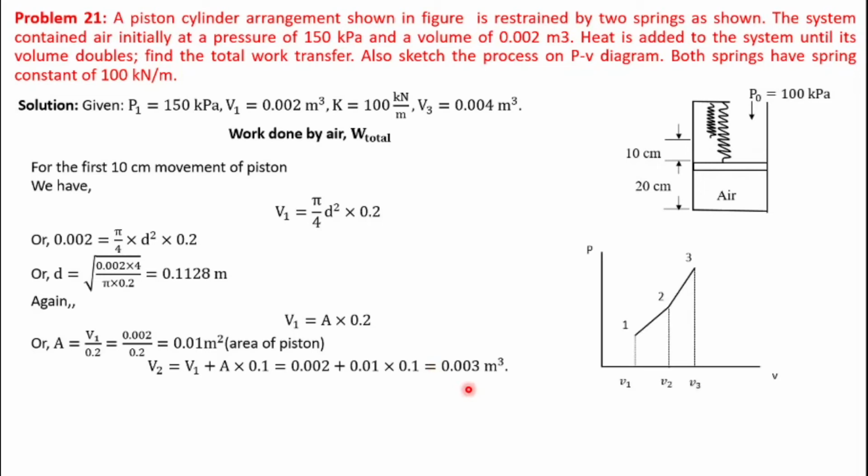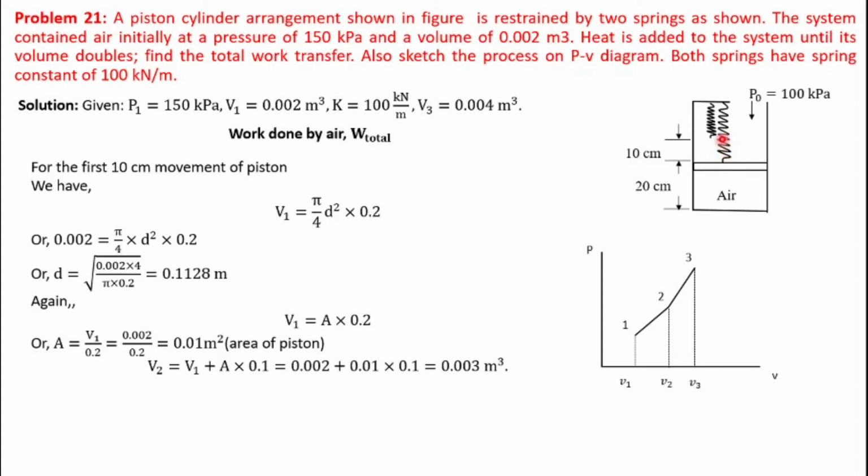In the question it is asked to sketch the process on a PV diagram. So we can easily draw the process on the PV diagram. We know the initial state, pressure and volume are given, so we can locate the point for initial state 1. Now as the piston moves, the external pressure exerted on the piston is due to the spring.